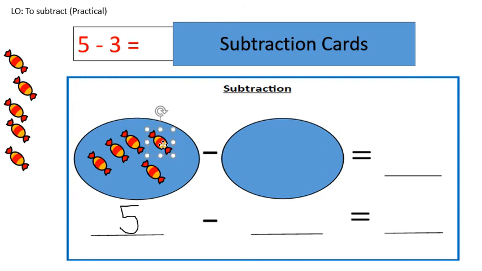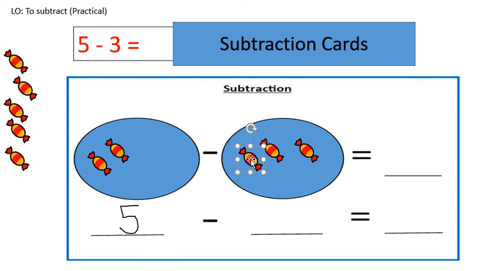Count with me. 1, 2, and 3. I'm going to write 3 here because I've subtracted 3. Let's read my number sentence. 5 subtract 3 equals. To find what this equals, I have to go back to my first circle and see how many are left.